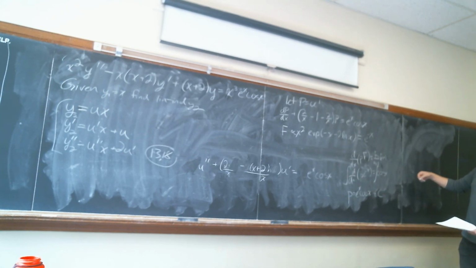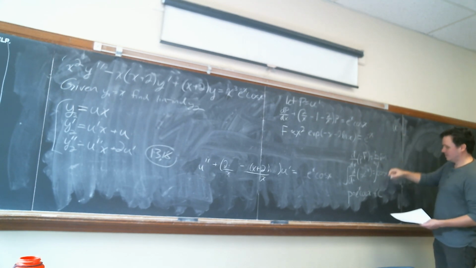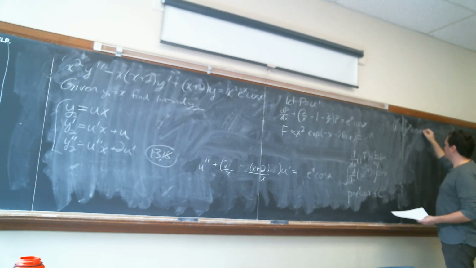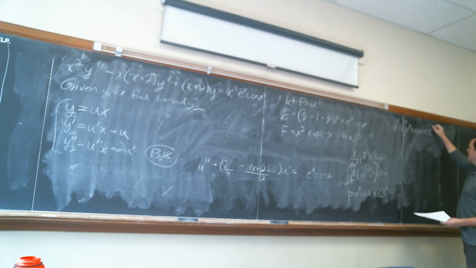But we have to bring it back to u, so u is equal to the integral of e to the x cosine x plus c, sorry I forgot that, e to the x dx.